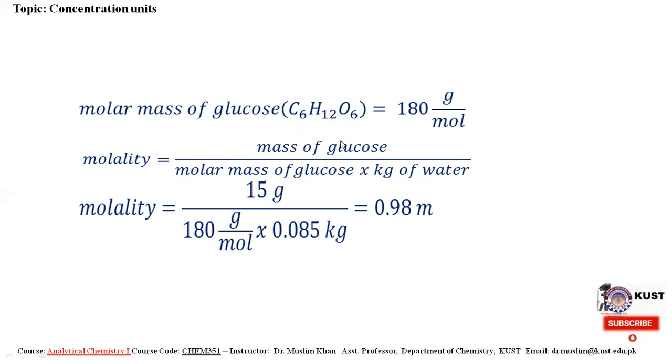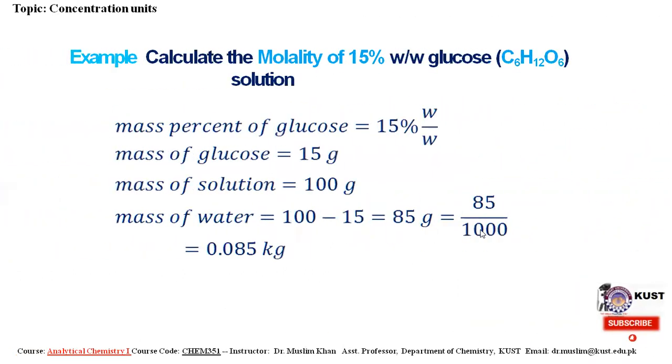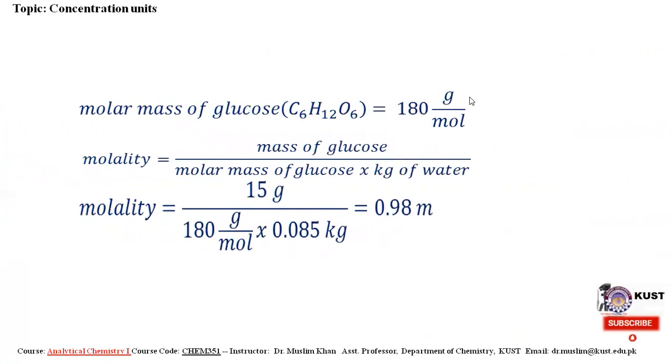Molality is mass of glucose divided by molar mass multiplied by kg of water. Kg of water we calculated previously as 0.085, and molar mass of glucose is 180. Putting it in the formula, 15 divided by 180 divided by 0.085 is equal to 0.98 molal solution. This is how interconversion of concentration units is done.